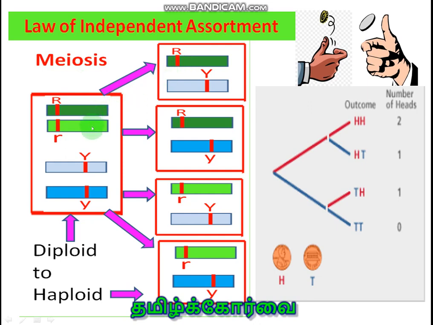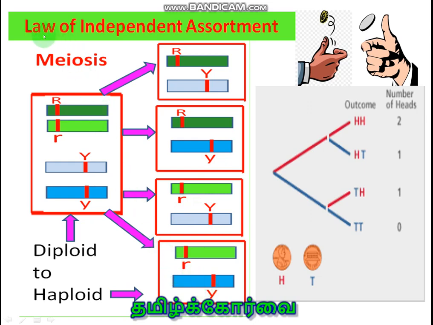So when these chromosomes randomly move into the gametes, the capital R has the chance of going with capital Y in one gamete. In another gamete, it has the chance of going with small y also. In the same way, small r with capital Y and small r with small y.